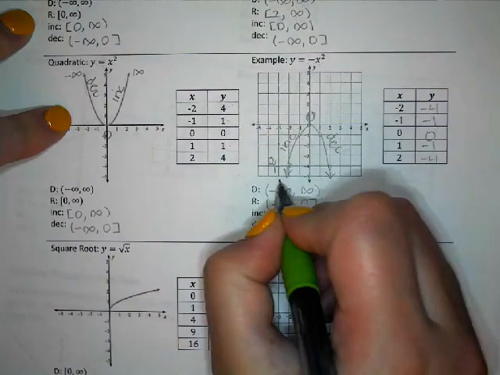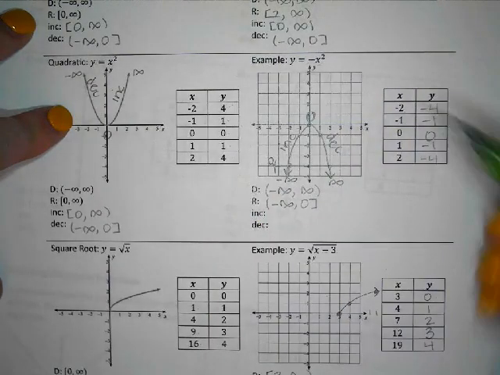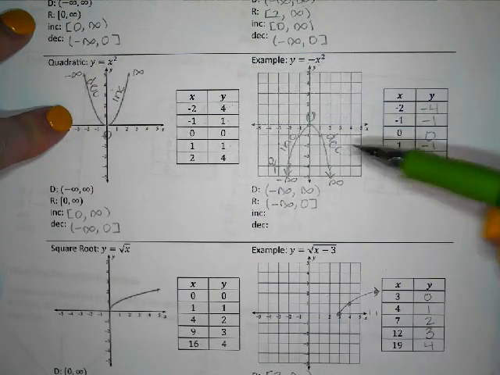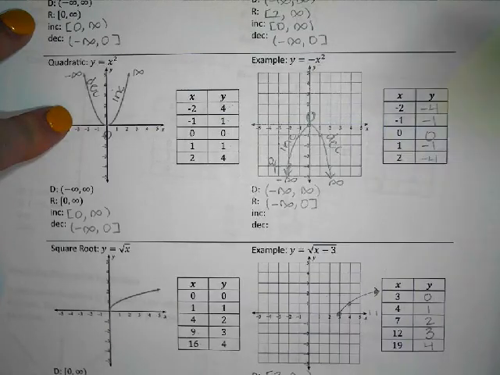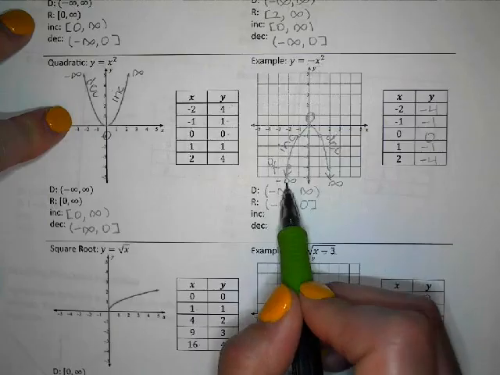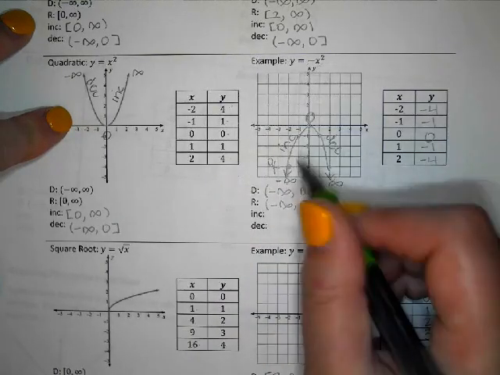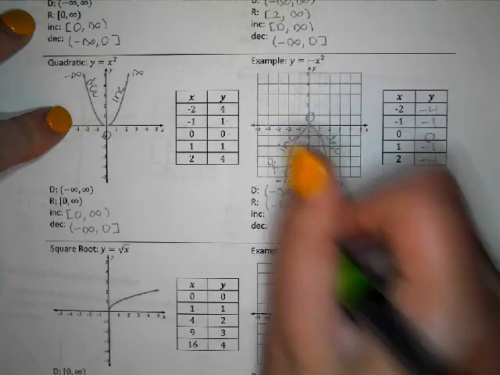So notice it doesn't matter if my arrows are pointing up or down. I care that this is my left arrow, so it's -infinity. This is my right arrow, so it's +infinity. So my increasing interval this time is -infinity to 0, and decreasing is 0 to infinity.